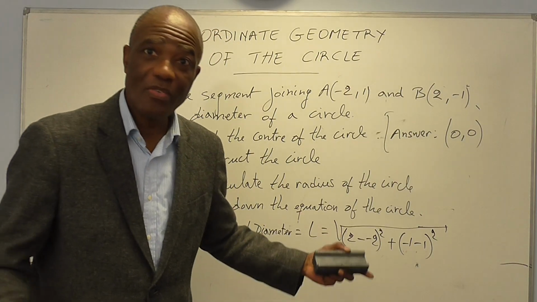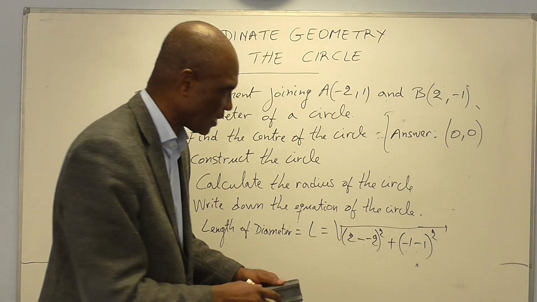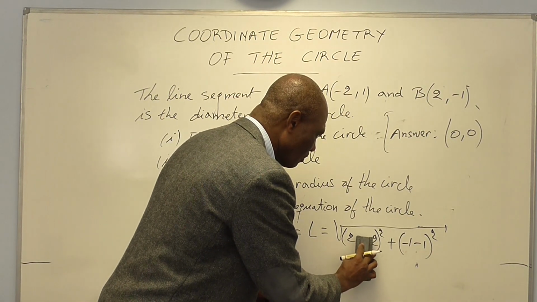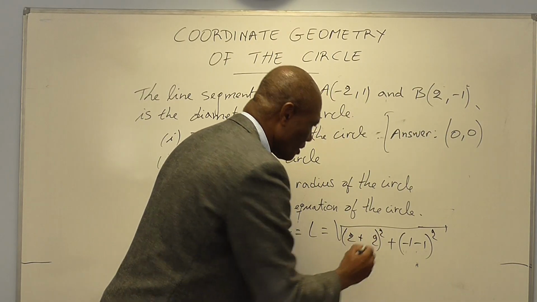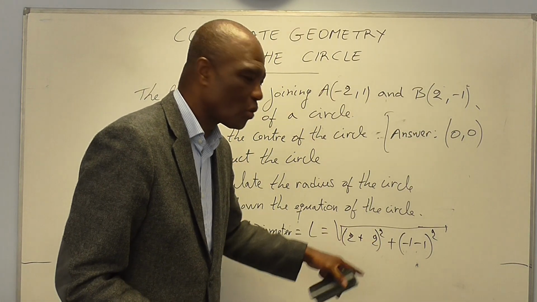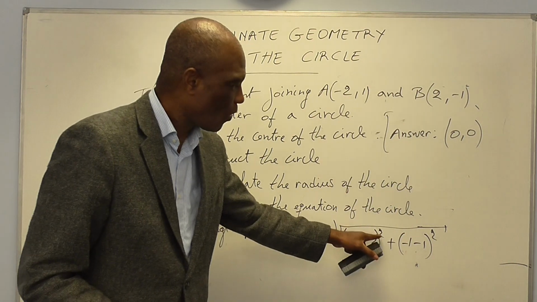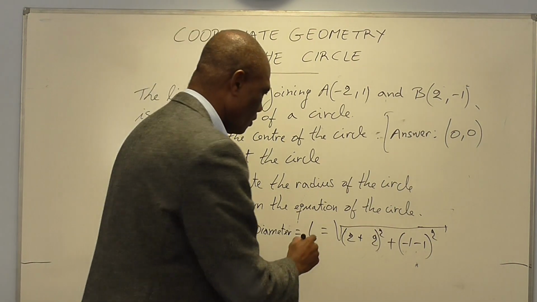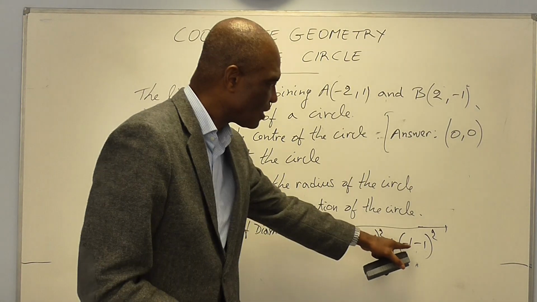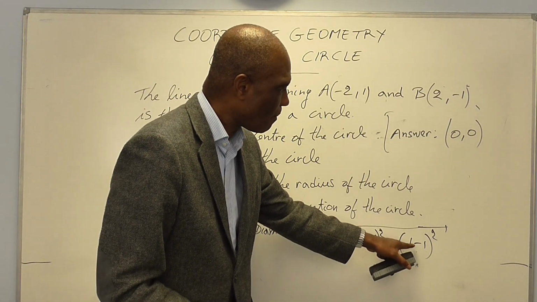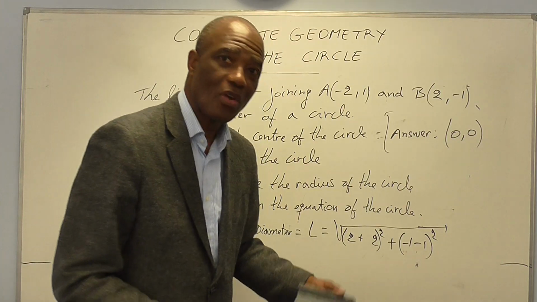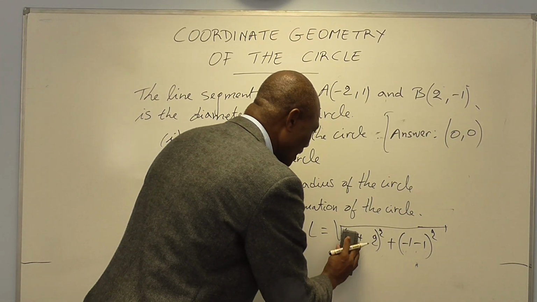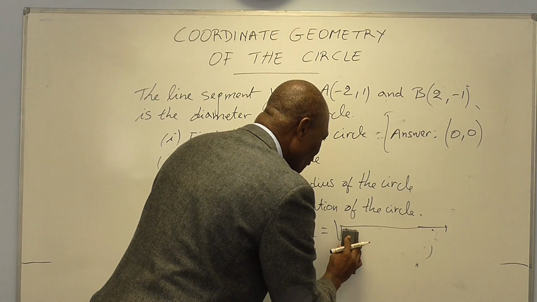Minus we give plus, you know that. So we are going to write here plus. 2 plus 2 is 4. 4 squared we give what? 16. So 16 here, and over there we are going to have minus 2 squared, we give 4. So I'm going to write 16 and 4.